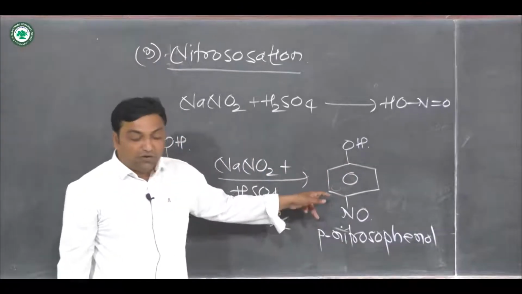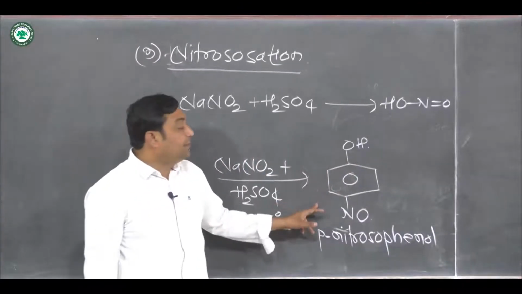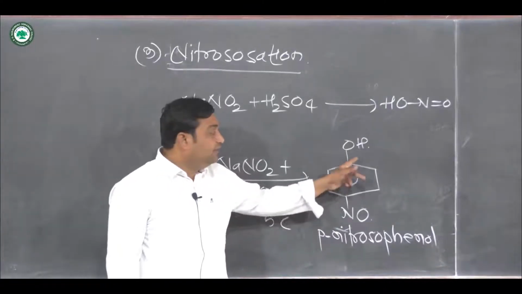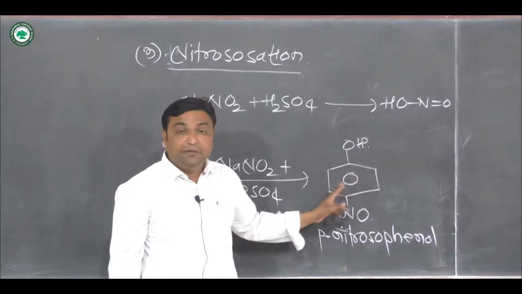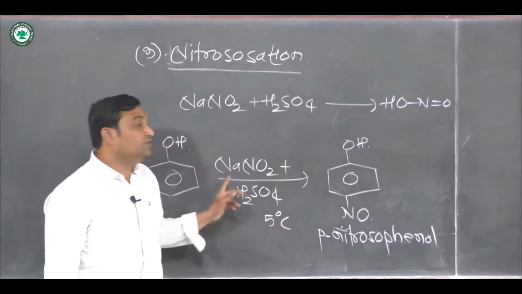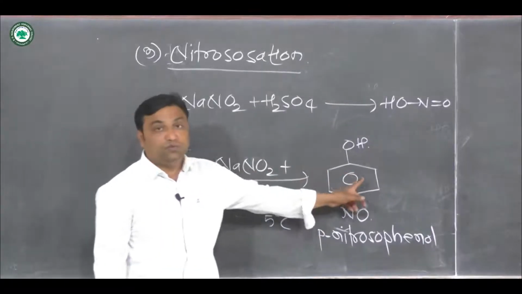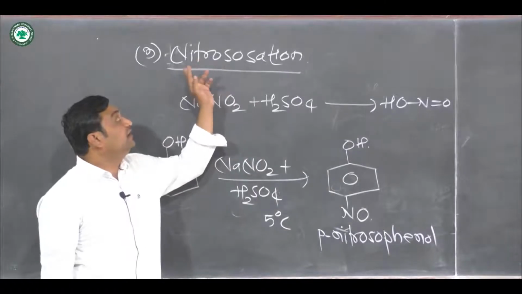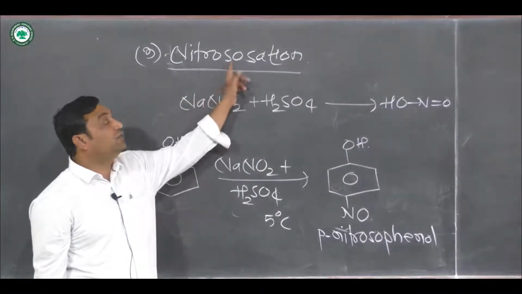This para-nitrosophenol, which is obtained as a product, is formed exclusively. It means it is the only product. In this case, there is no chance of formation of ortho product. That is our next reaction on phenol, that is nitrosation.